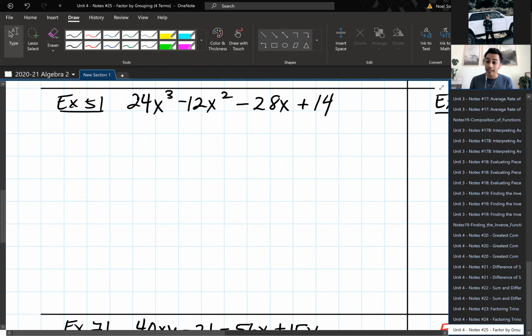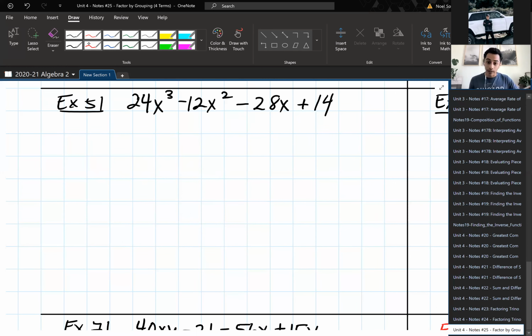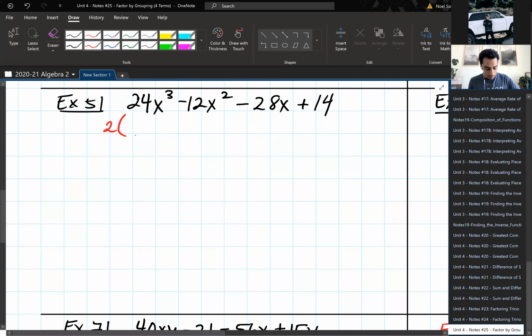Ooh, GCF, I like it. What do they all have in common that they could all be divided by? Yeah, they all have the 2, right? So we're going to go ahead and do that first. Factor out a 2 from every term.